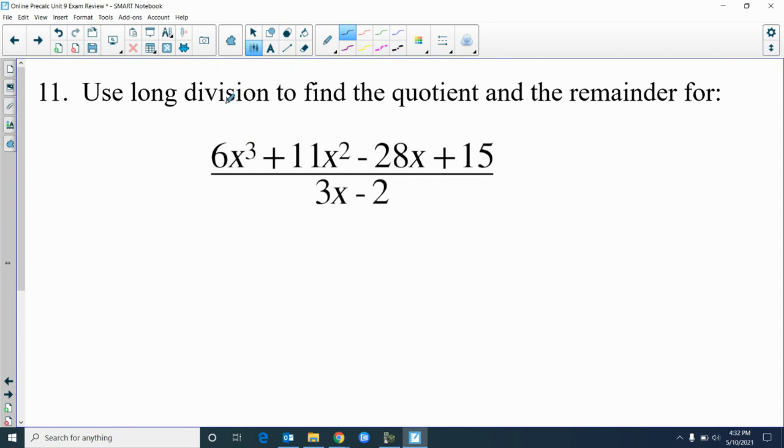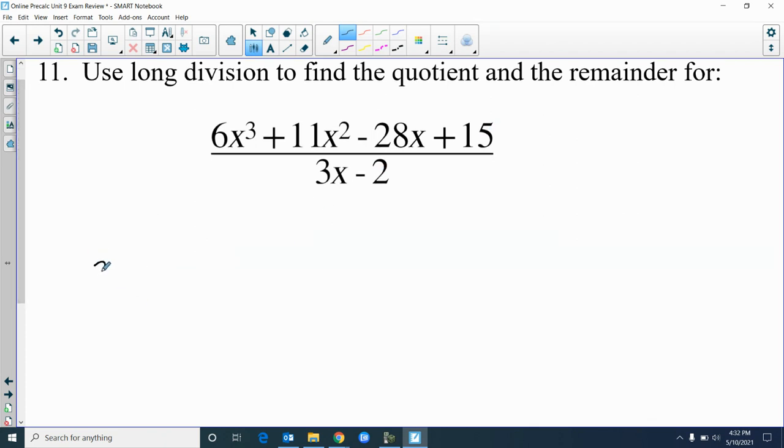Number 11, long division. To find the quotient and the remainder for 6x cubed plus 11x squared minus 28x plus 15, all divided by 3x minus 2. So I'm going to divide 3x minus 2 into 6x to the third plus 11x squared minus 28x plus 15.